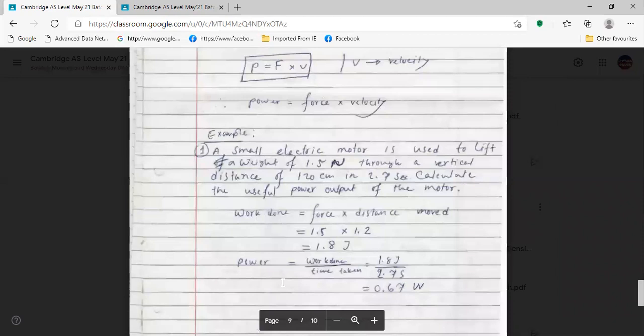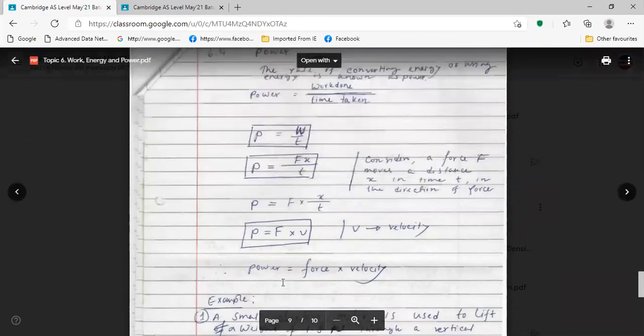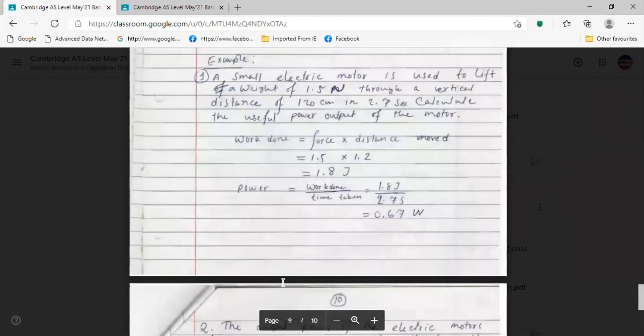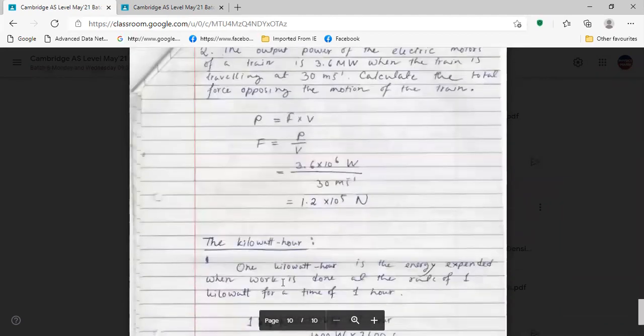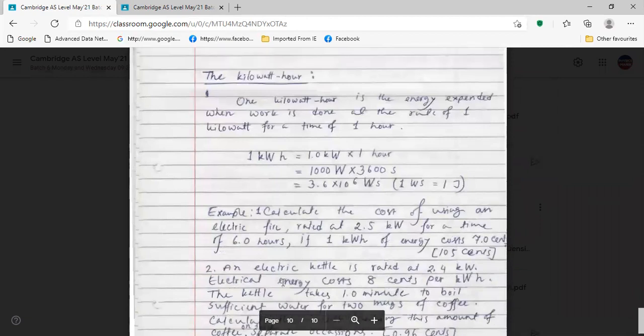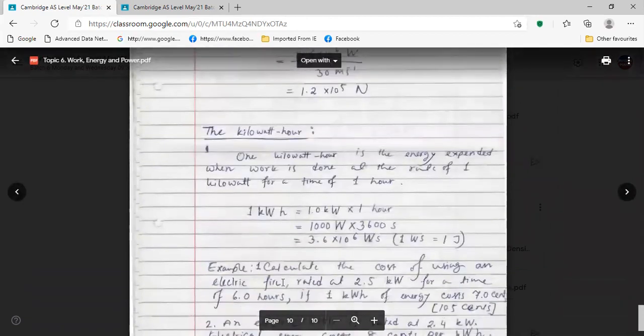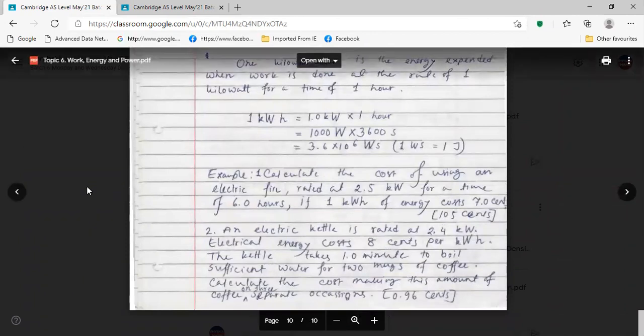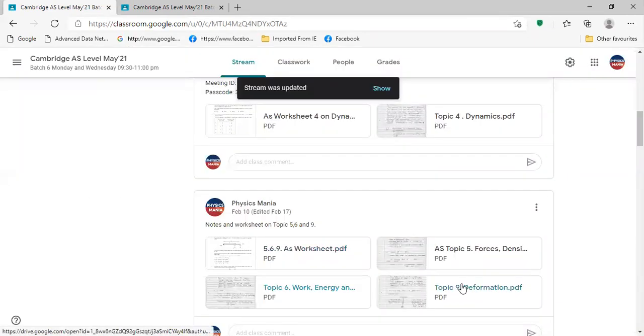That one you have to remember. I know that as well, sir. Power equals force into velocity, and how it comes is also there. Kilowatt hour, this one we know from O level. Okay, so this is all about topic 6.